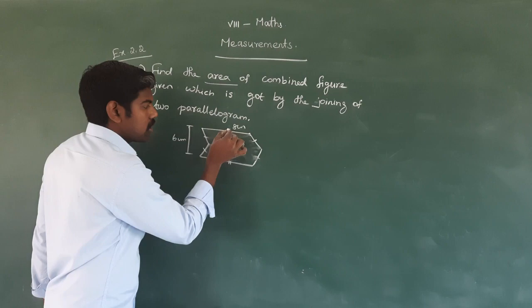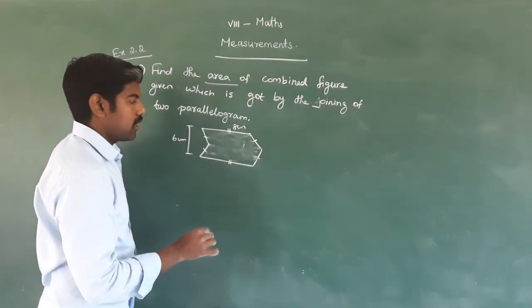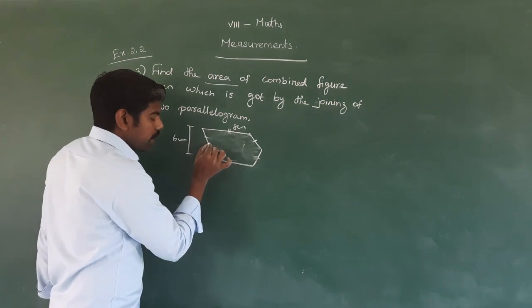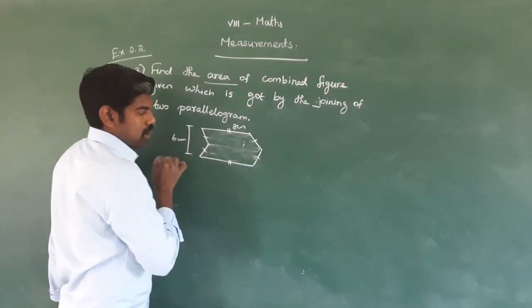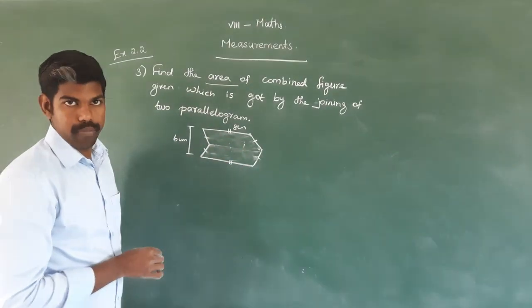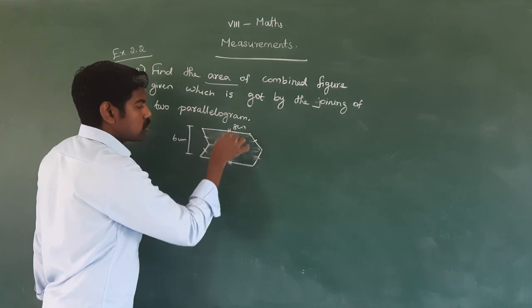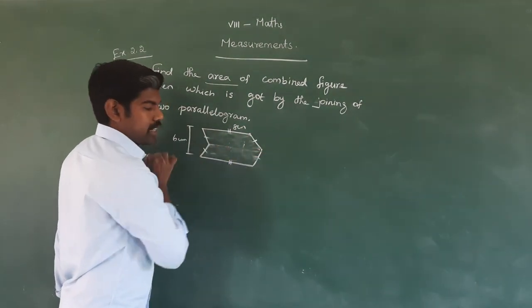Listen. Here, this side and this side are equal. These two are parallel. Make one dotted line. Now, this is one parallelogram and this is another parallelogram. These two sides are parallel and these two sides are equal, so this is also 8 centimeter.